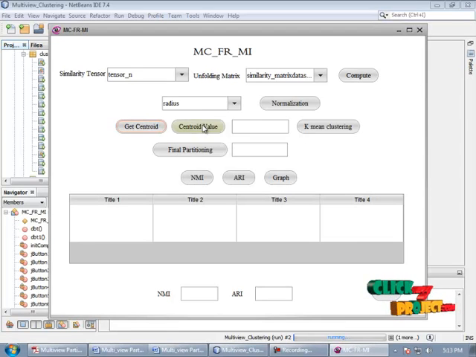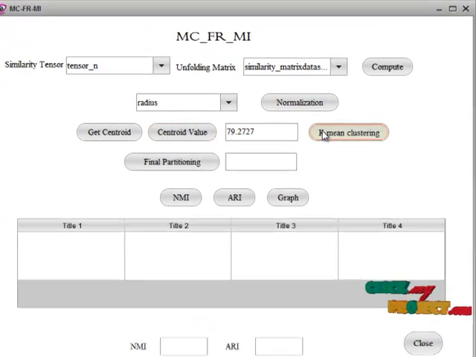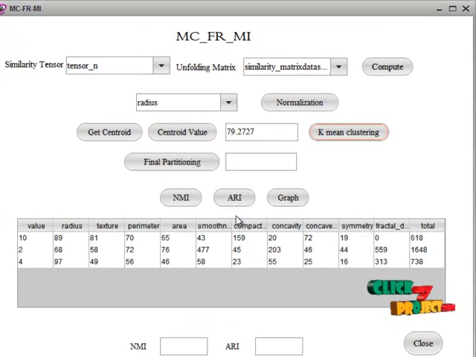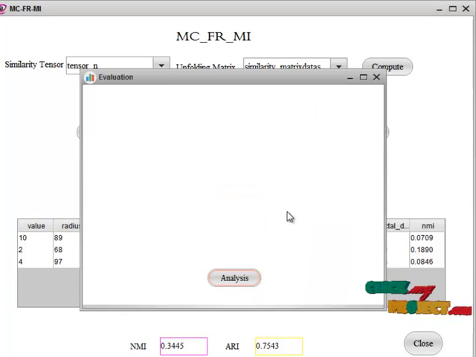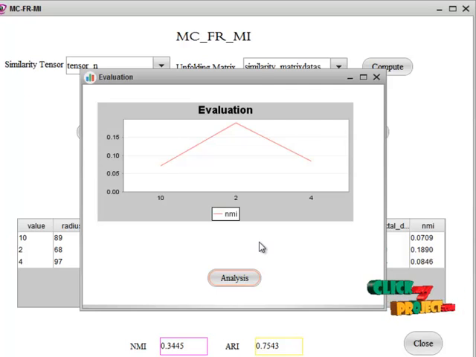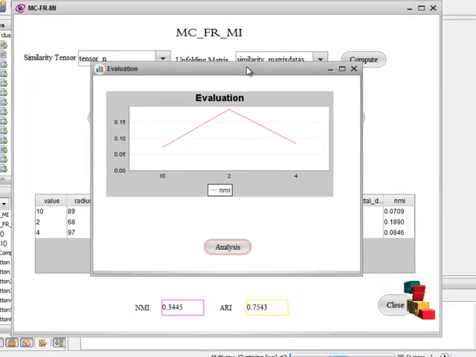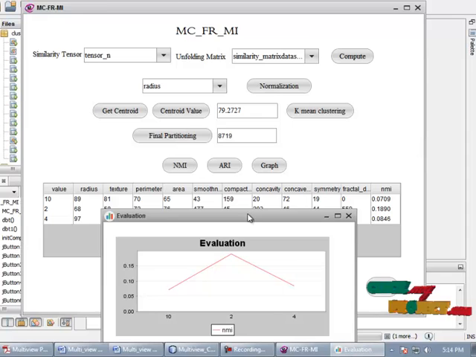Get the centroid value. K-means clustering started. Final partition value, NMI and the error value. Graph. About that NMI and the error value.